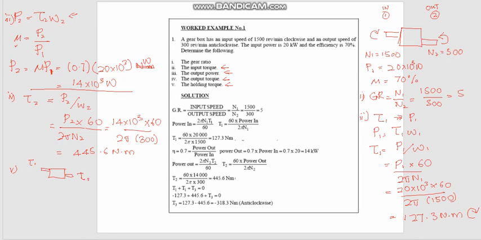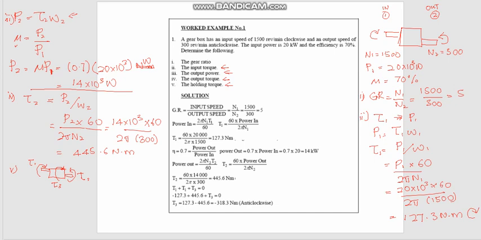We know that tau in is clockwise, and this is counterclockwise. We assume that the torque on this is clockwise. Tau 3 is basically the torque subjected on the body of the gearbox, right?